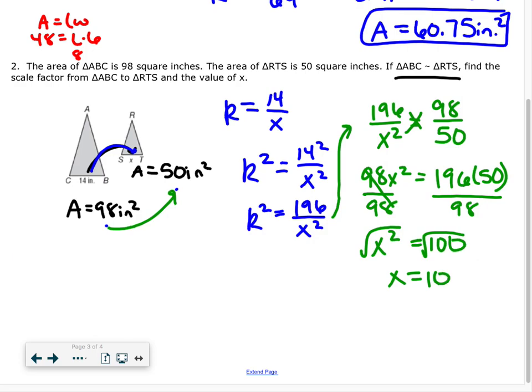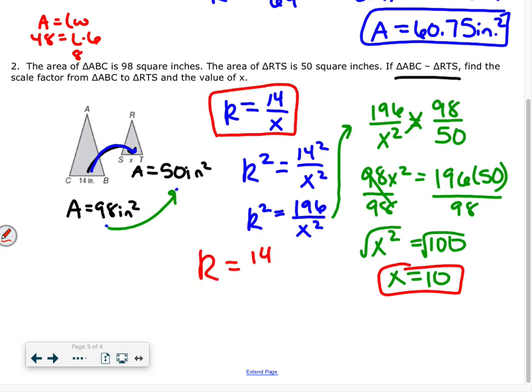So remember, the question asks us to find the value of x, we just did that, and then to find the scale factor. We need to substitute in for x. So 14 over 10, and we want to reduce that, divide by 2, divide by 2. Our scale factor is going to be 7 to 5.